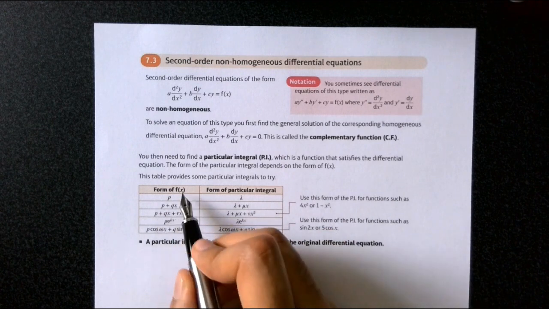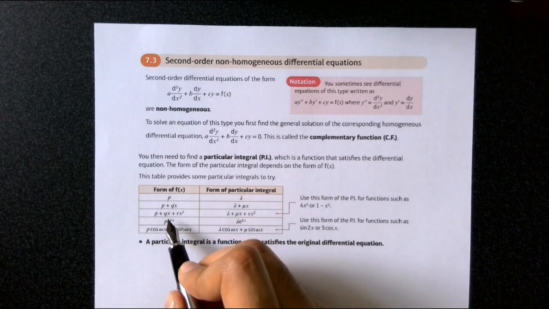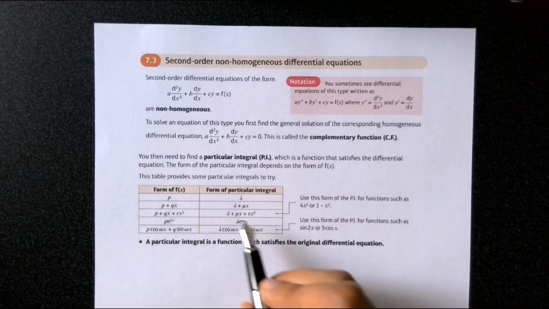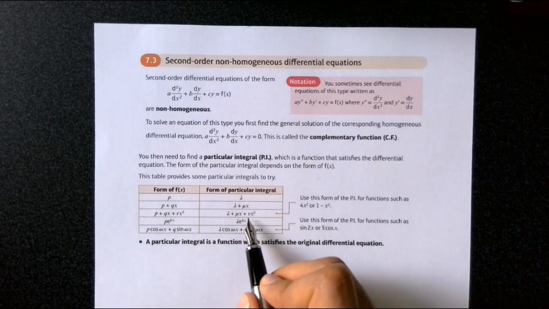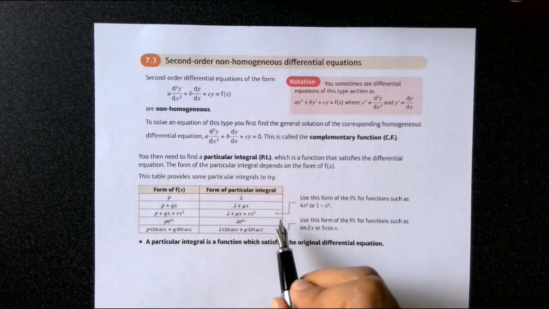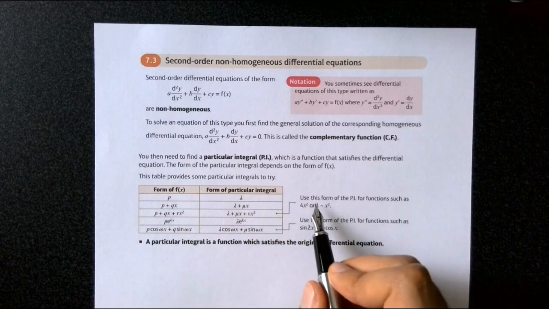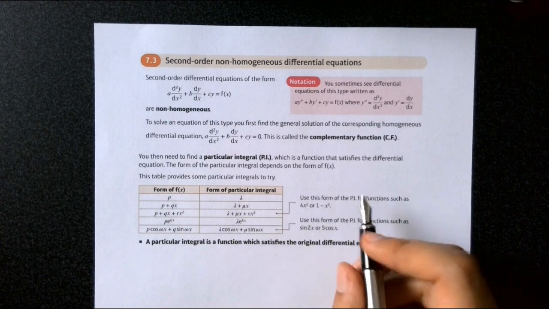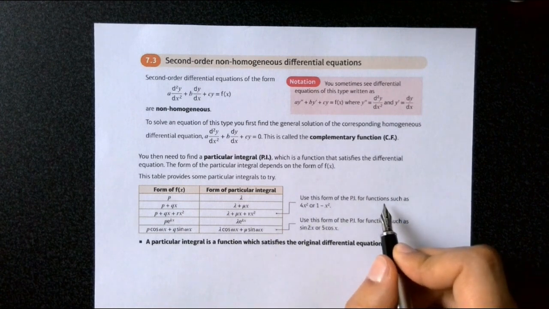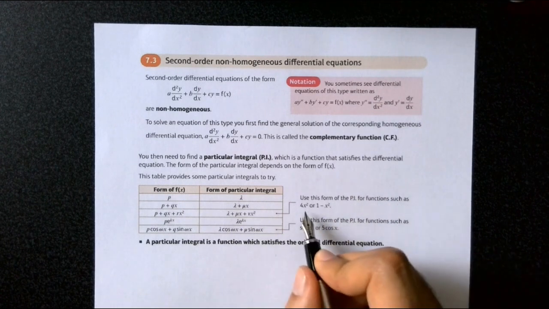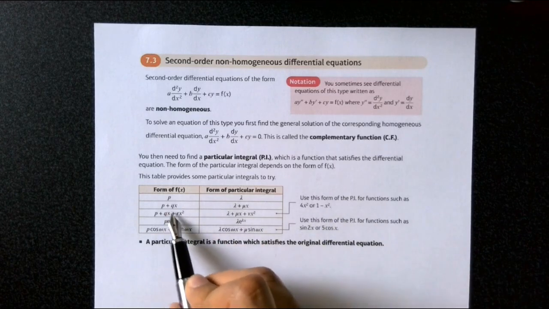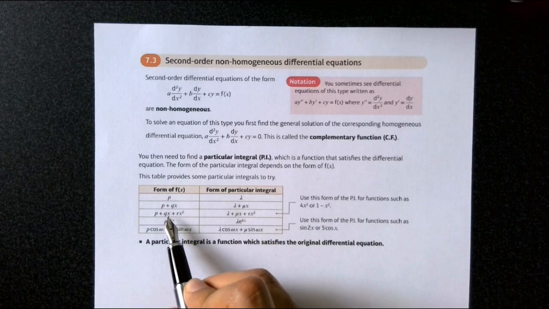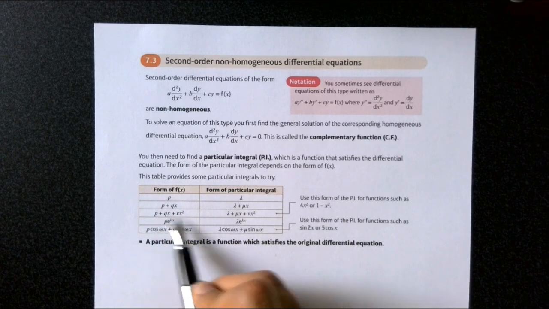If f of x is of the form p plus qx plus rx squared, our particular integral is of the form lambda plus mu x plus nu x squared. Now, we still use this form of the particular integral for functions such as 4x squared or 1 minus x squared. We don't necessarily need an x term for this quadratic.